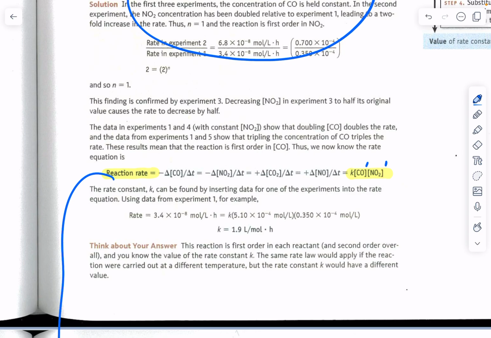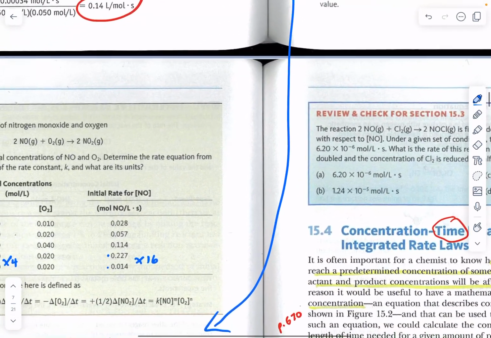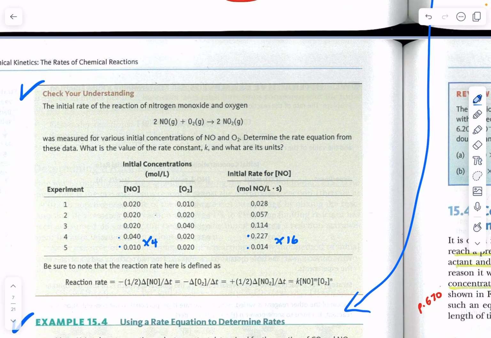Now that I have my rate law, my rate equals K times that, I can pick any one of those experiments, plug it in, solve for K. Now, once I know what K is, I can use that to predict what molarity I might need to acquire a certain rate, or what rate I should expect if I choose some molarities that I didn't do any experiments on. I could predict what it would be.